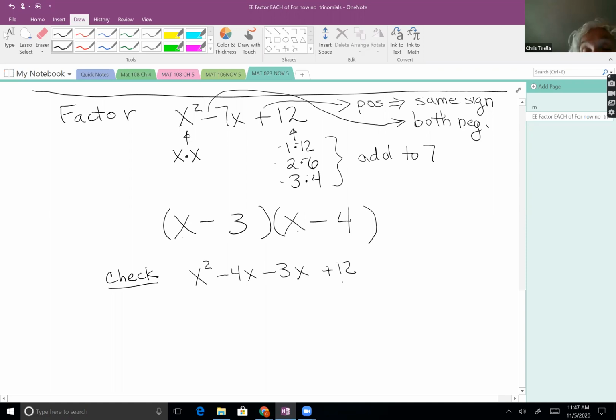But we chose those numbers to get the first and the last. So I always like to joke, if I'm going to be lazy, I know my first will work, I know my last will work. What really bothers me is the OI, the outer and the inner. And so over here, my outer and inner, do they give me that negative 7x? And so we've got it.